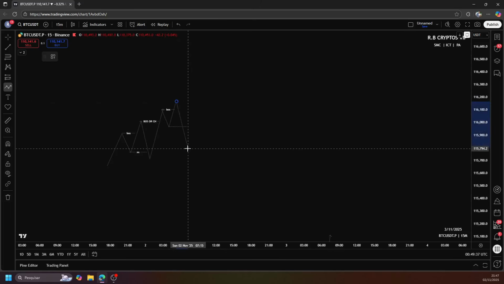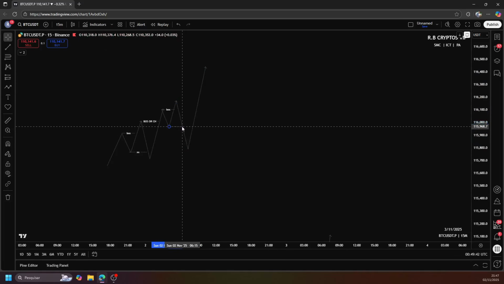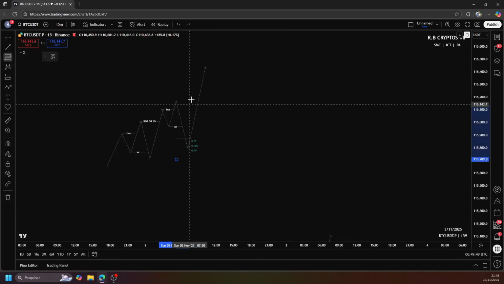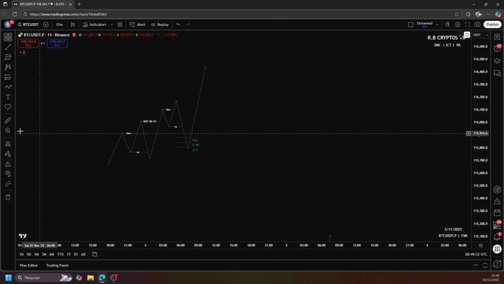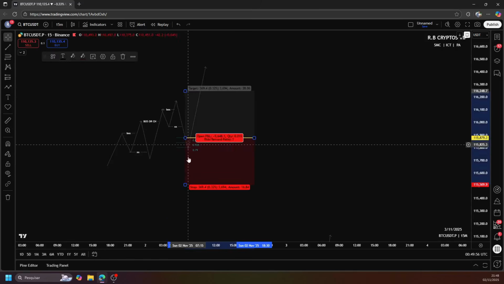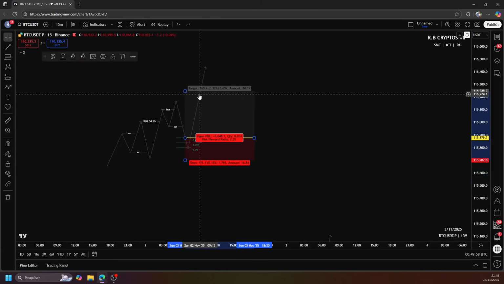So this type of setup is one I really like to trade, where the price creates this trap. Retail traders place their stop loss below this low that they believe to be a protected low. The price comes down, mitigates the watch zone, and that's how I would take my position.